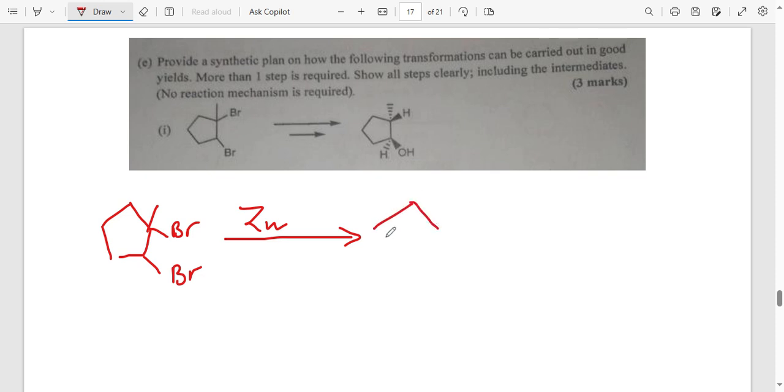We actually form a double bond when we react with zinc here. And we said this was a dihalide, the word I forget. So the double bond actually does form here. Okay, like that.